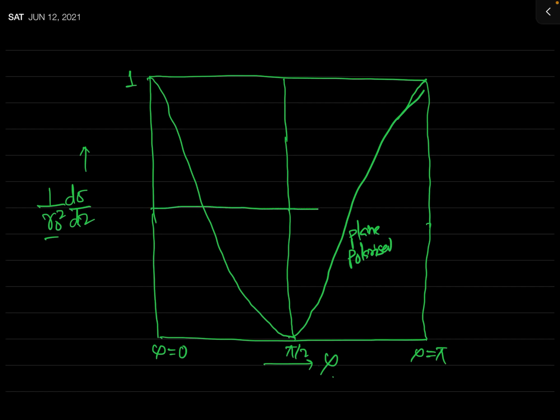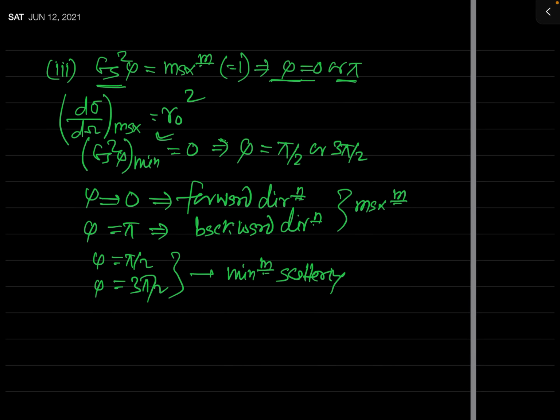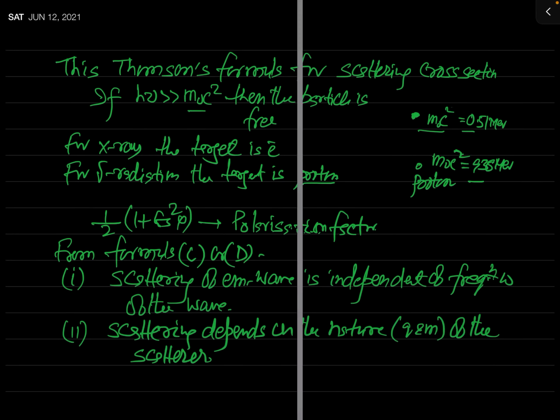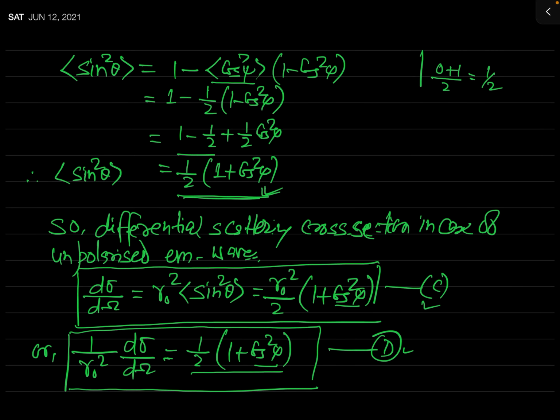And take this line at a value 1 over 2. So when phi is equal to pi by 2, what will be this 1 over r naught square d sigma by d omega? Since cos square phi will be equal to 0, this will be simply 1 by 2.